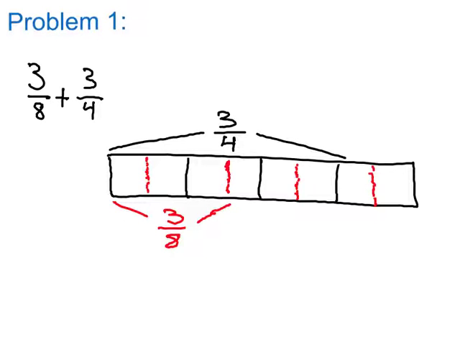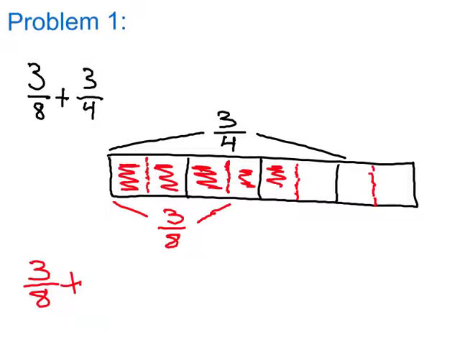Right, let's look at what we have right here. What we have now is we have our 3/8 right here. And we have 3/8 there. So that's our 3/8. Plus, we want to add 3/4. Well, if I go down here, I can count now the number of eighths in 3/4.